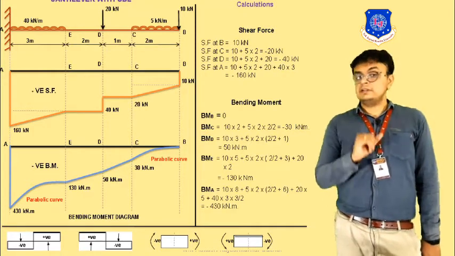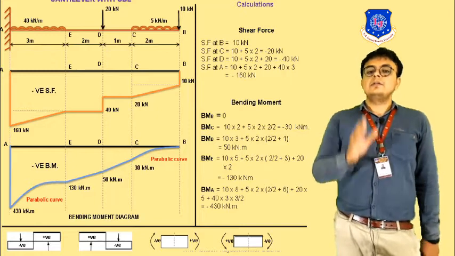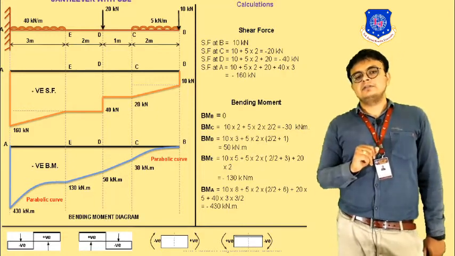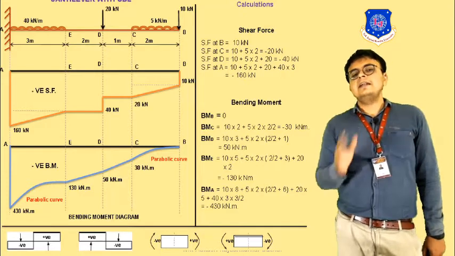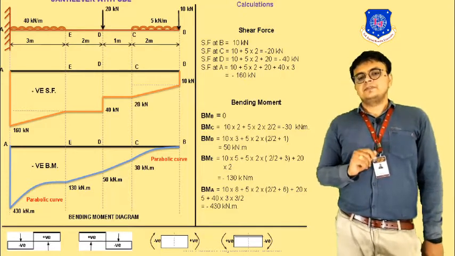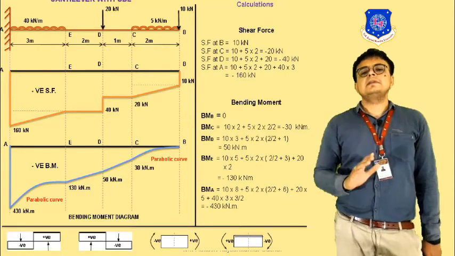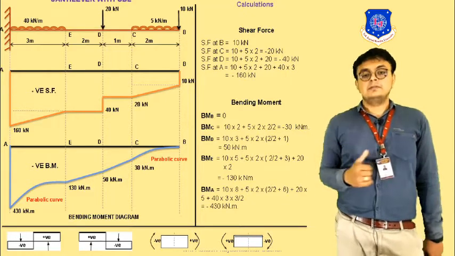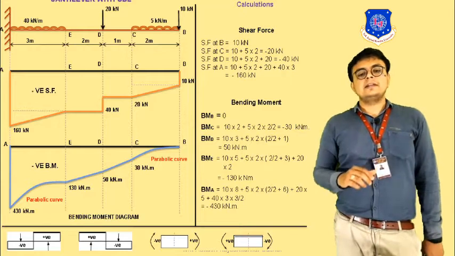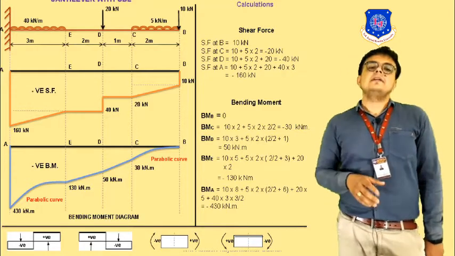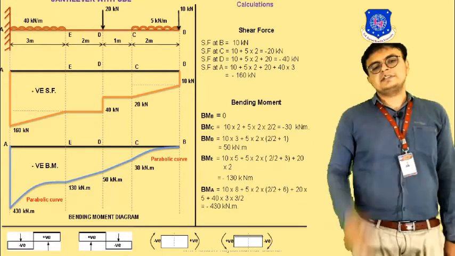This is the final lever arm of the center of the UDL of intensity 5 kilonewton to D. So by doing all the calculation, we will be getting the bending moment of 50 kilonewton meter at point D, and it is in downward direction because it is in negative sign.